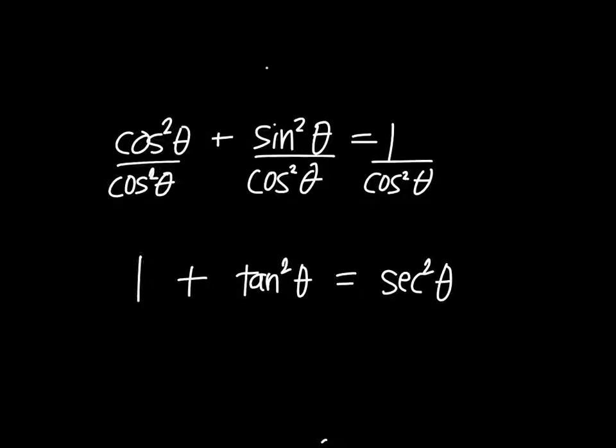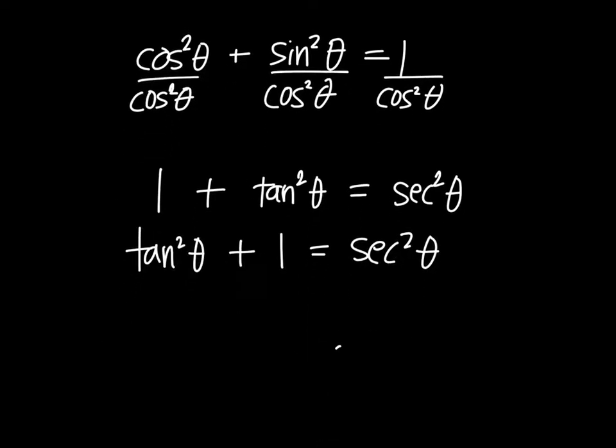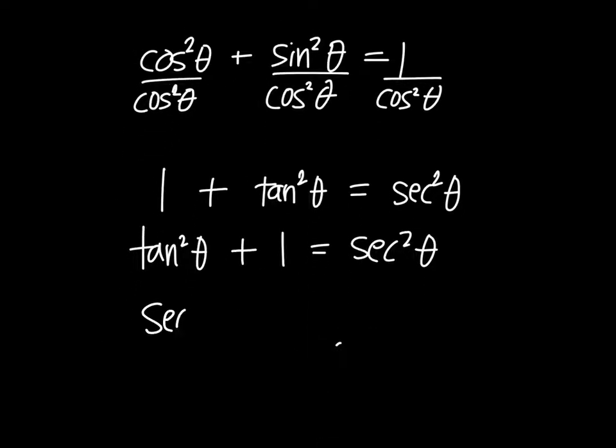The squareds don't reduce. So you can rearrange that with addition and have tan squared theta plus 1 equals secant squared. Or you can rearrange that with subtraction and have secant squared theta minus 1 equals tan squared.